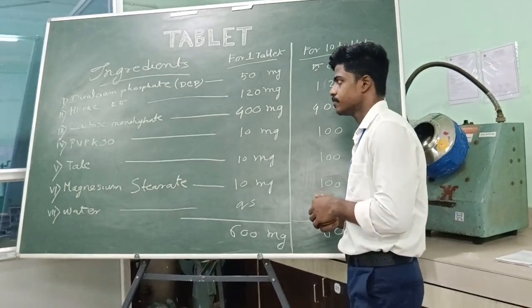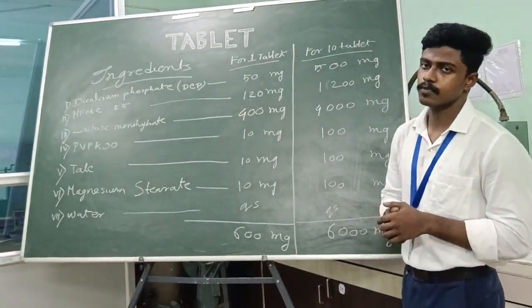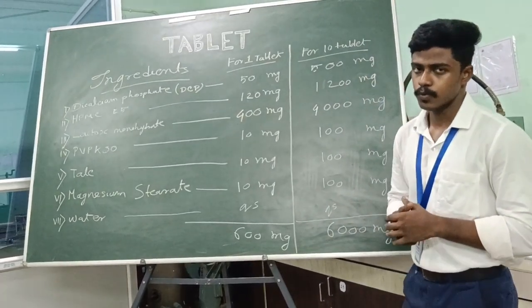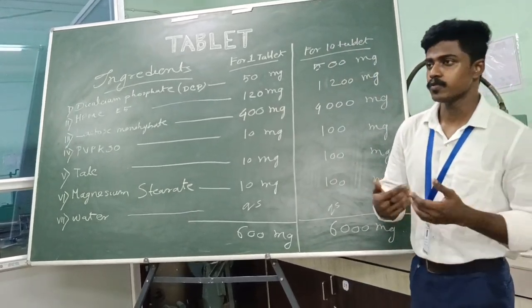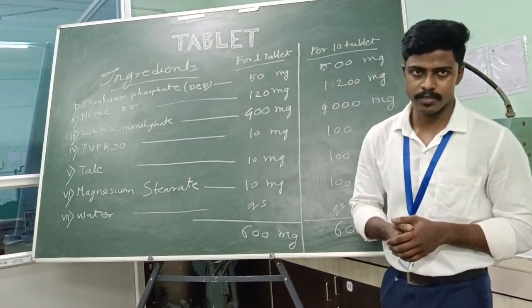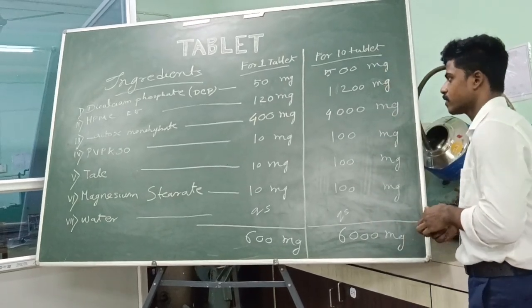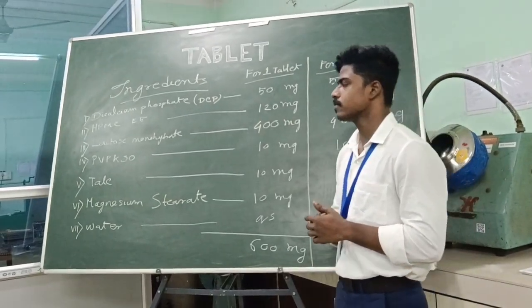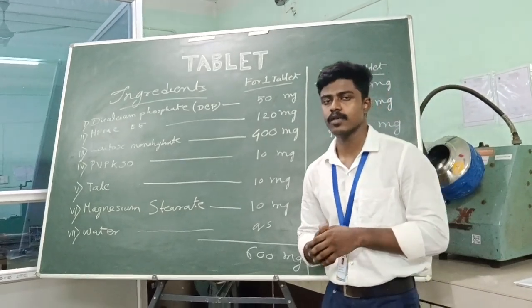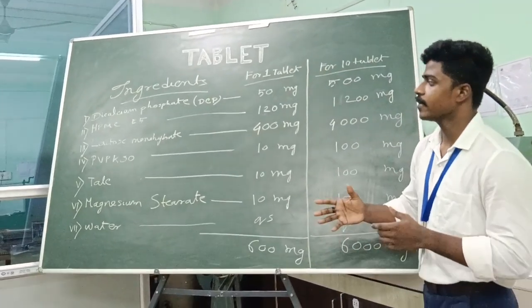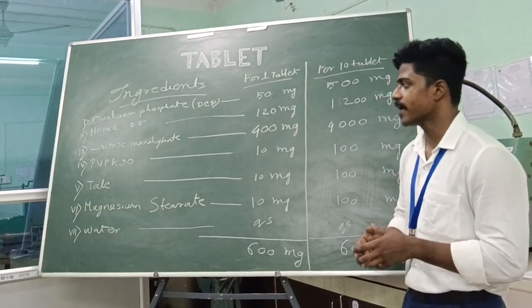Next is HPMC, or hydroxypropyl methyl cellulose, which works as the sustained releasing agent that makes the tablet a matrix tablet. Next is lactose monohydrate, which also works as a diluent. Next is PVP-K30, or polyvinyl pyrrolidone K30, which is a binder.